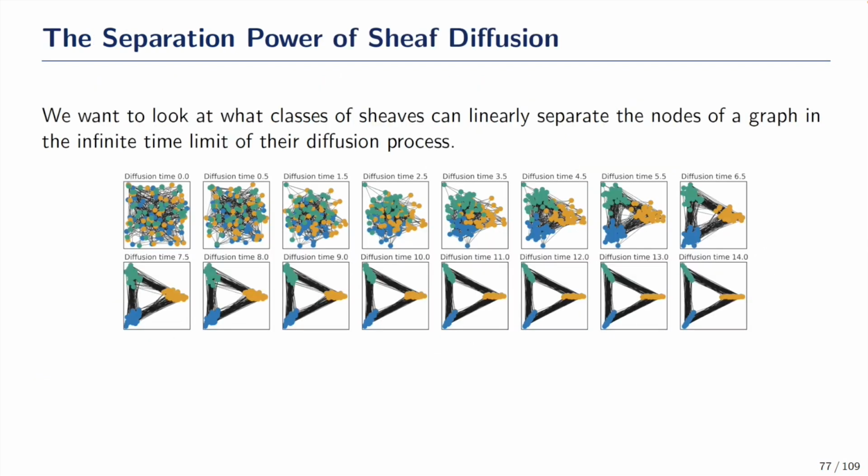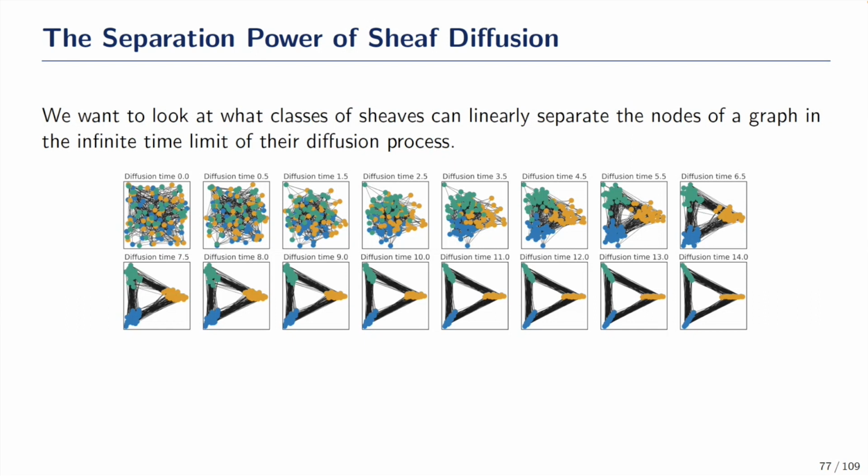Okay, so what we want to say is, we want to look at what classes of sheaves can linearly separate the nodes of a graph in the infinite time limit of this diffusion process. Here's an example of that. We start with this graph on the left, and the positions of these nodes are essentially the features. That's the way we visualize the features: every node is embedded somewhere in this plane.